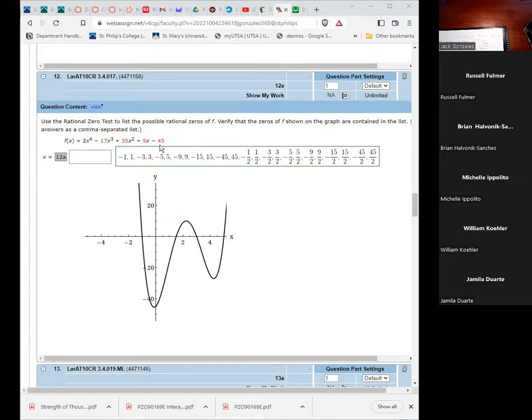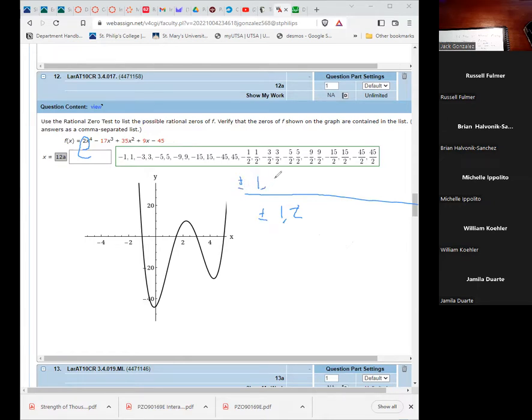So this one's more complicated because the numbers aren't as pretty. So this has a 2. So now the bottom has plus or minus 1 and 2. So we're gonna have more combinations. And then you have 45.